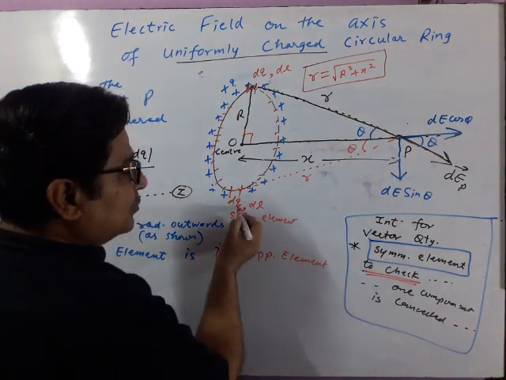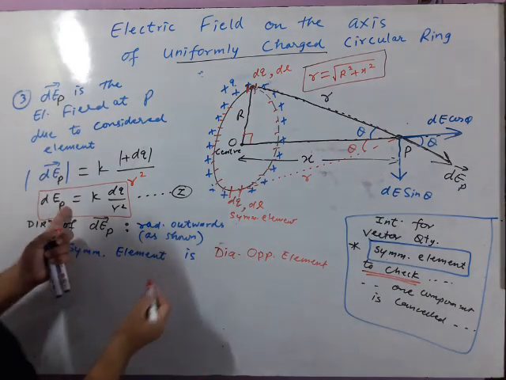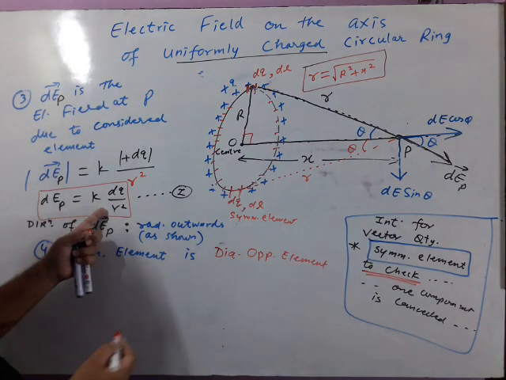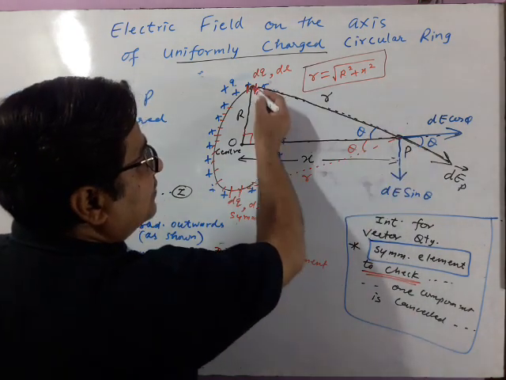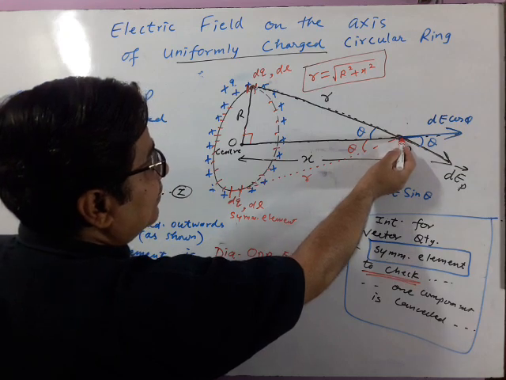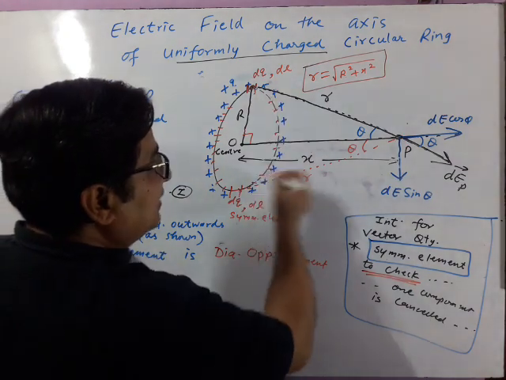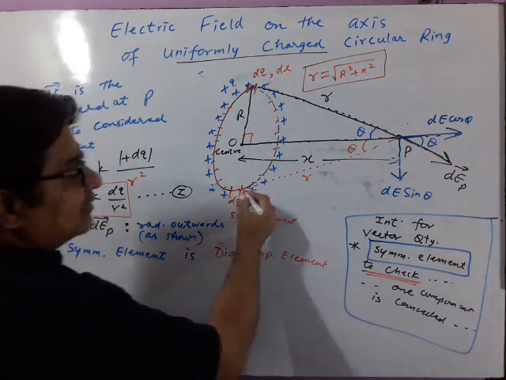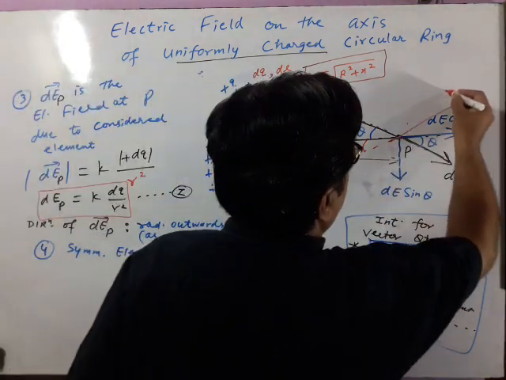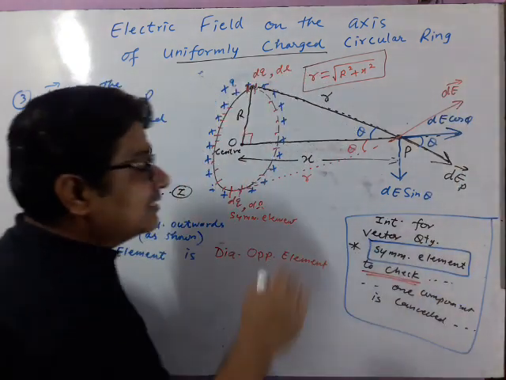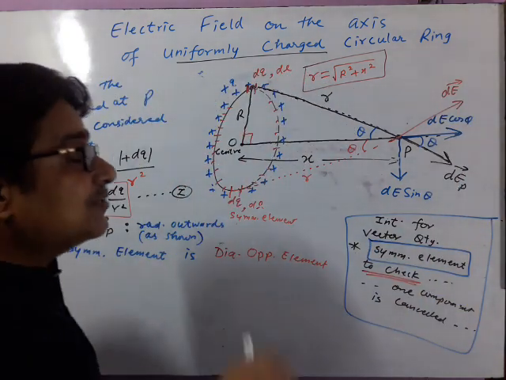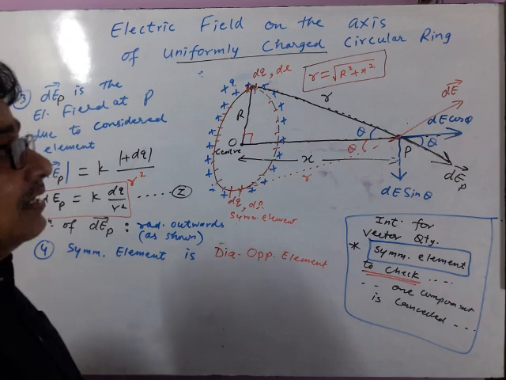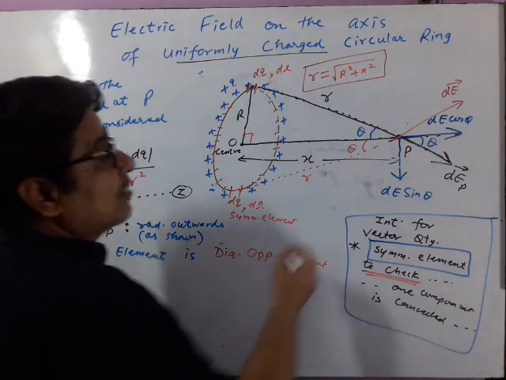So this element also has the same electric field K dQ by R square at point P as that of the considered element. Same electric field for both the elements, dE. But the direction is different. For this it is radially outwards, dE vector. Because it is a vector quantity, direction may be same, may be different. This time it is different.